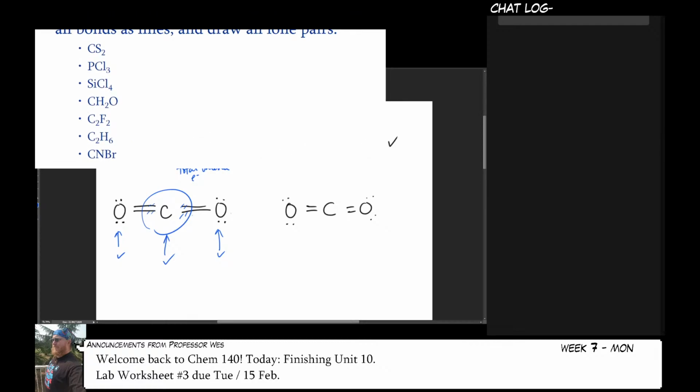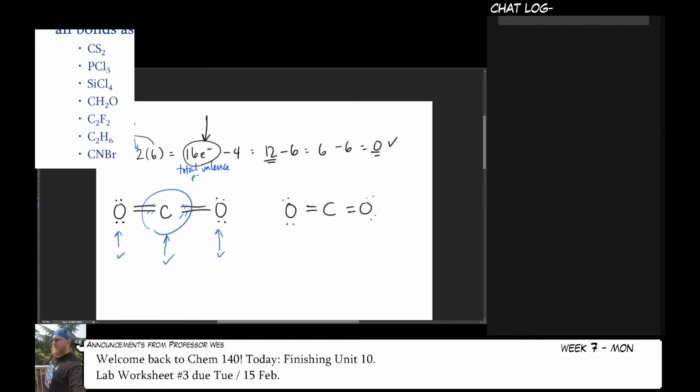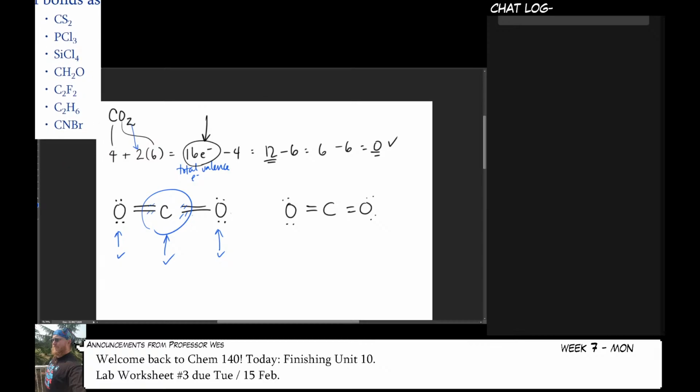All right. I put CS2 in here because it is the same molecule as CO2. So I'm not going to do that example other than to just write the letter S over this O here. If I do this, I still get the same number of electrons, and I still get the same structure as CO2.